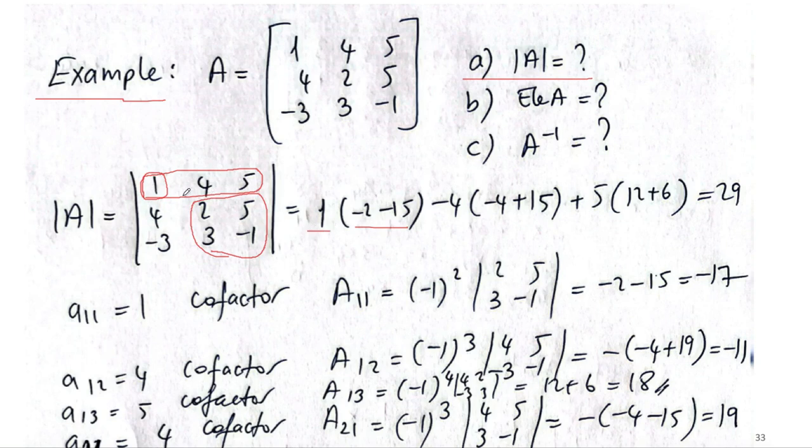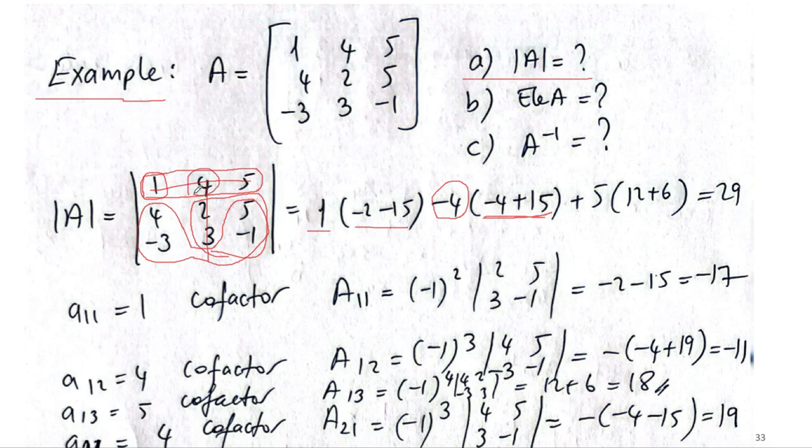And then we go to the second term and use this submatrix and calculate the minor. 4 minus 3, 5 minus 1. 4 times minus 1, minus 4 plus 15. That's the determinant. And we have minus 4.